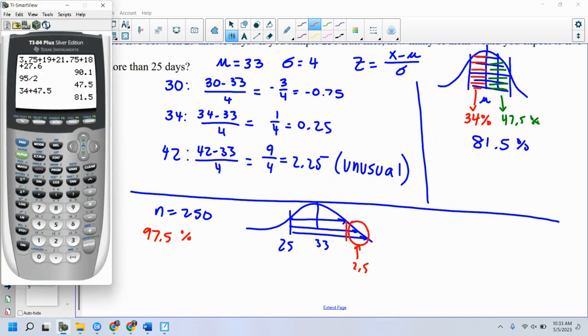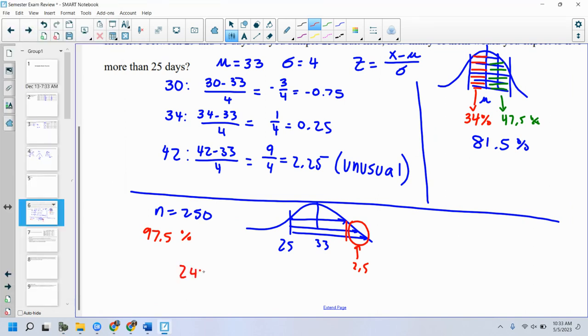So I take 0.975 times 250, and I know that's 243.75. Approximately 243.75 fruit flies should last more. 243.75 of my 250. I know if that did not come out to be true, then something must have happened.